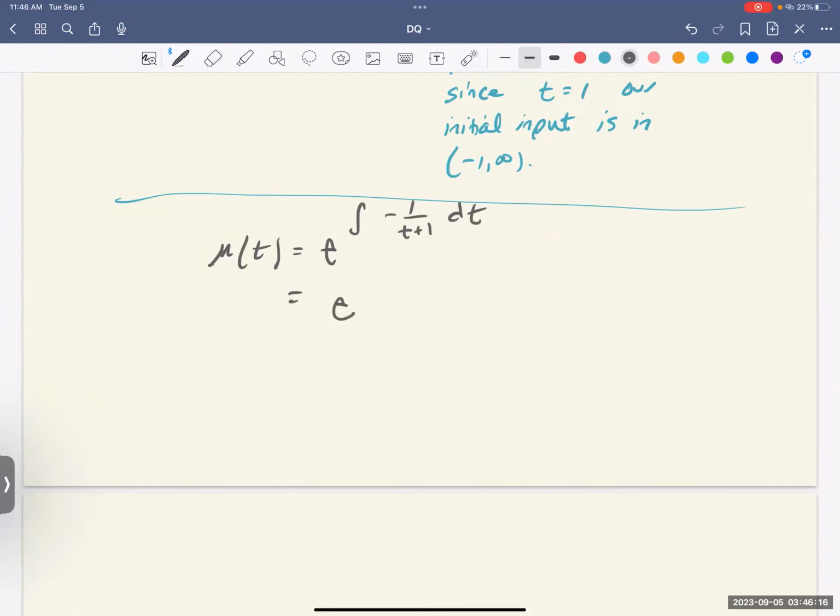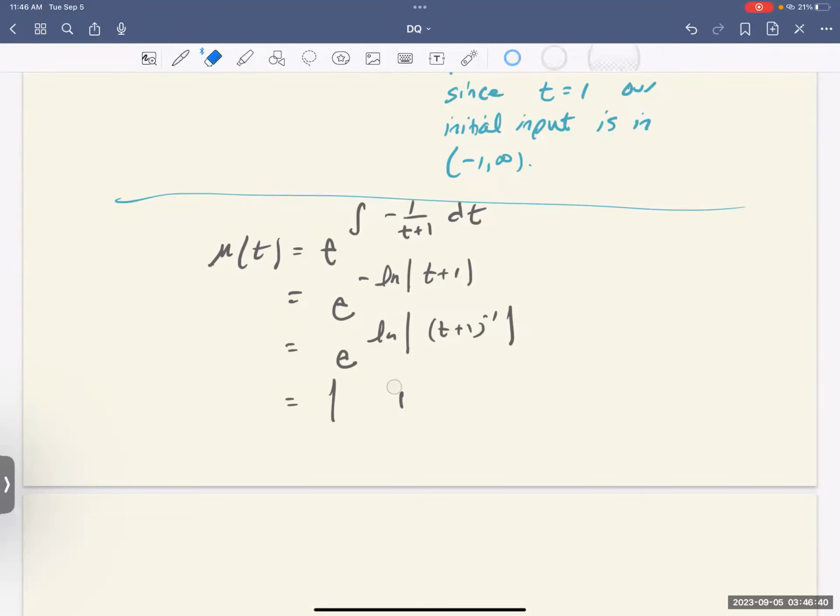E to the negative natural log absolute value t plus 1. Move the negative to the exponent. Cancel e to the natural log. So we get 1 over absolute value of t plus 1.